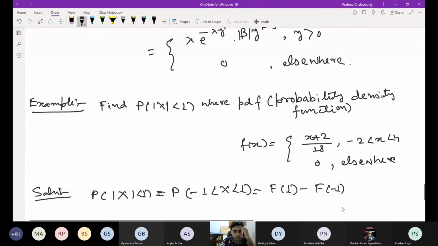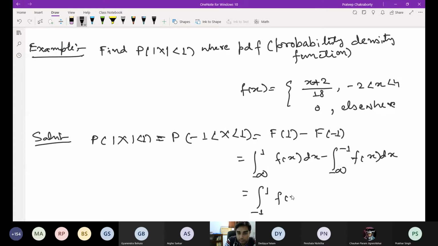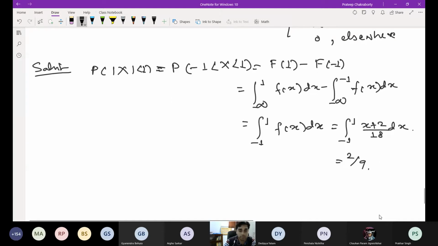So this will be the integral from minus infinity to 1 of f of x dx minus the integral from minus infinity to minus 1 of f of x dx. So this is the integral from minus 1 to 1 of f of x dx, which is the integral from minus 1 to 1 of (x plus 2) by 18 dx. And if you calculate this, you will get 2 upon 9.